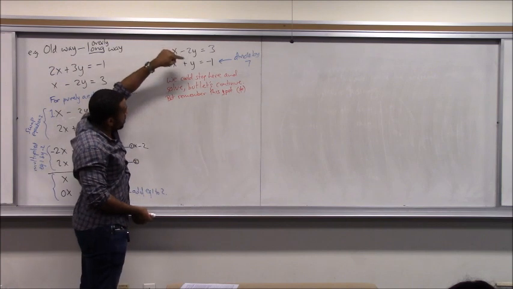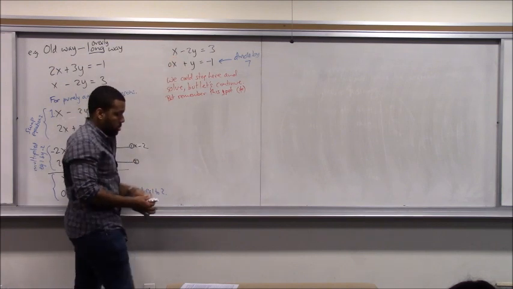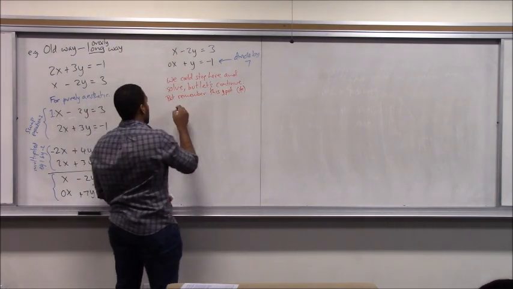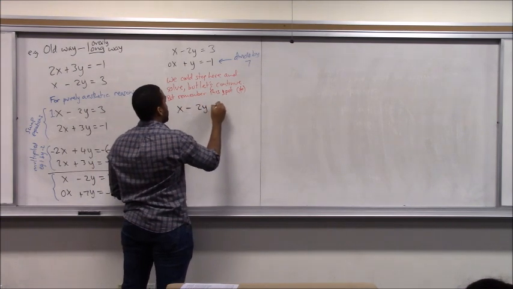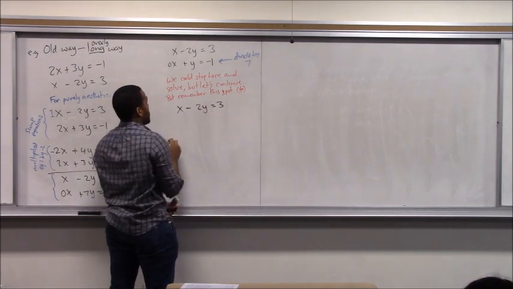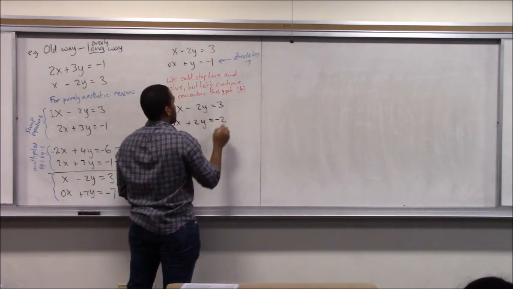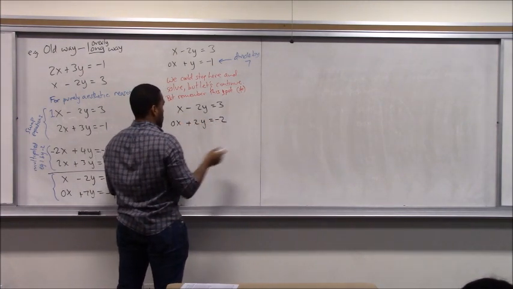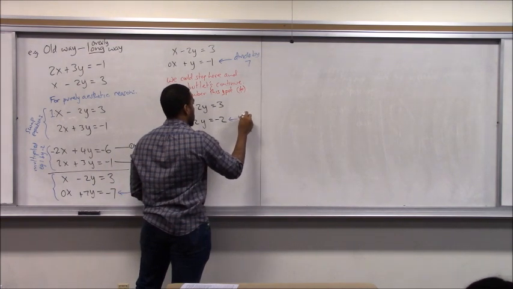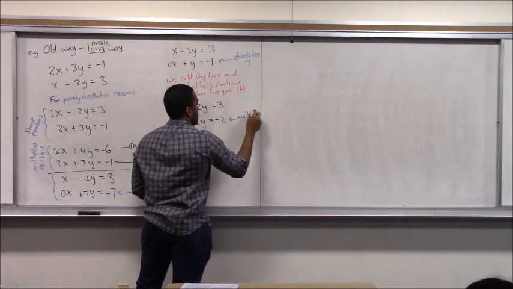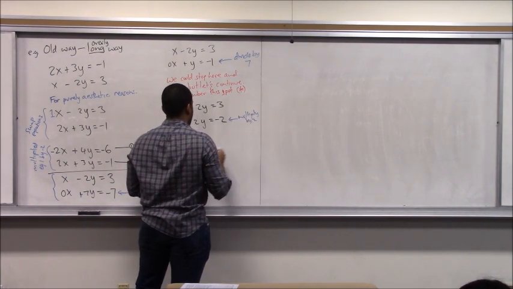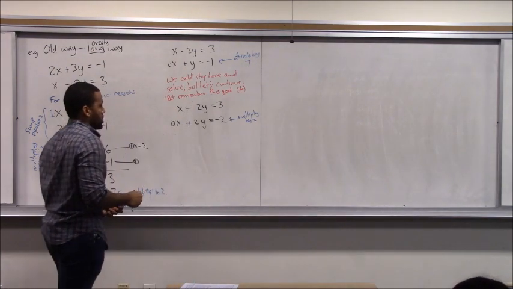So what I can do is multiply this equation by 2. Here I have x minus 2y equals 3. I'm going to multiply the second equation by 2. So I did here, multiply by 2, and it becomes that.